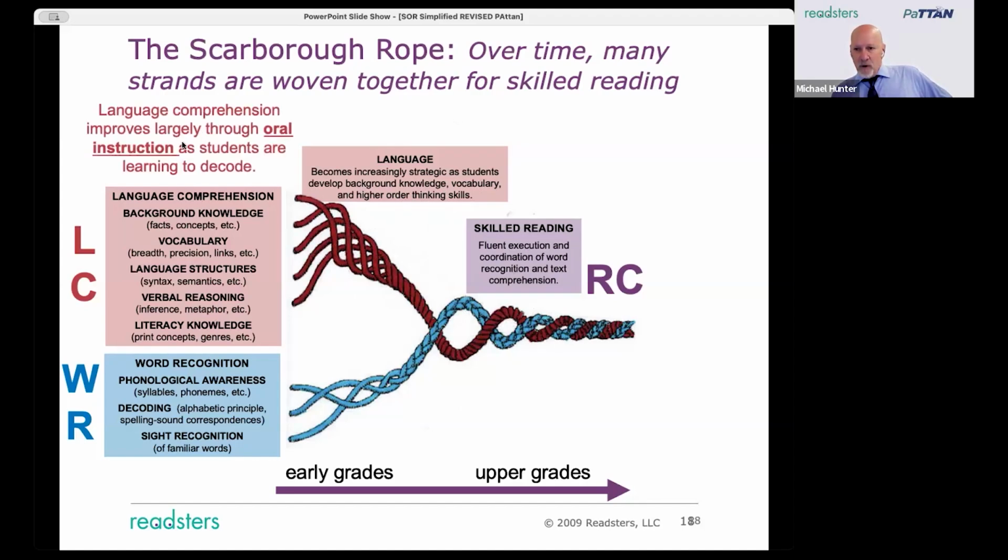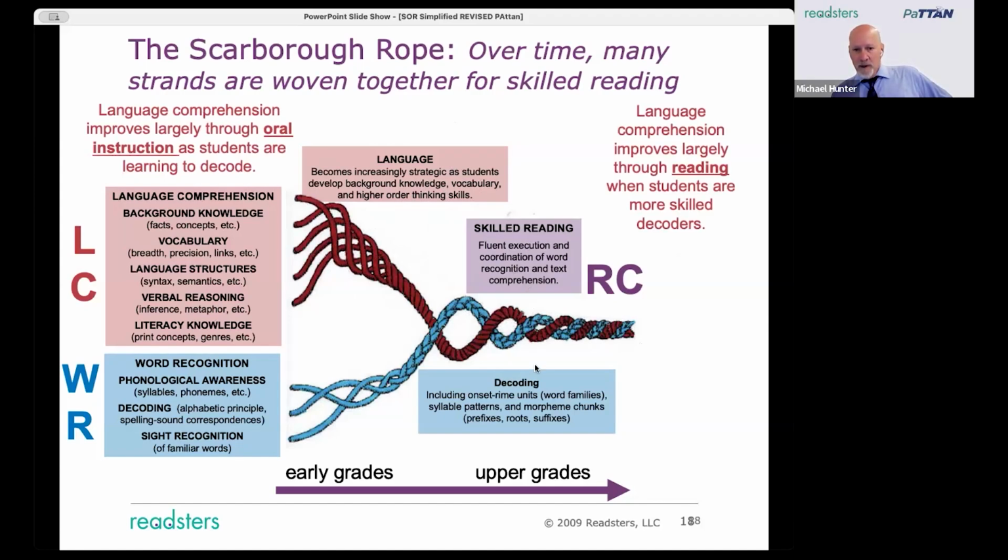And that starts with oral instruction, as I said, and then eventually will shift to reading instruction once students have the ability to read on their own. And that's somewhere in here where the two start to connect and overlap, and then through time they reinforce each other. But I think it's another wonderful graphic that shows that there are these two big domains.